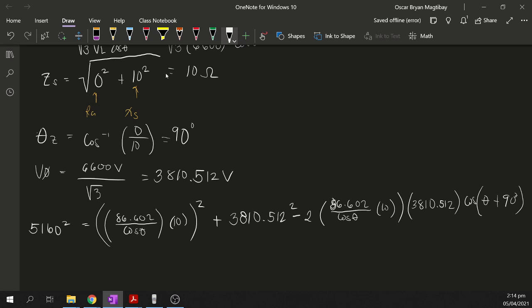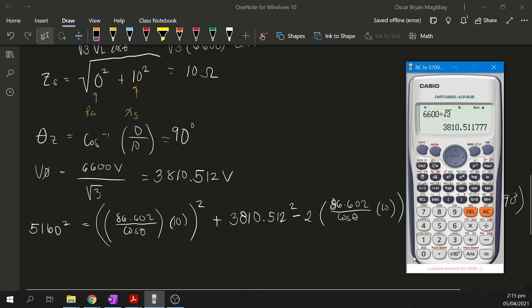Iisa lang ang ating kukuhaning unknown, and that is theta. Mas madali na natin siyang masolve using shift solve.